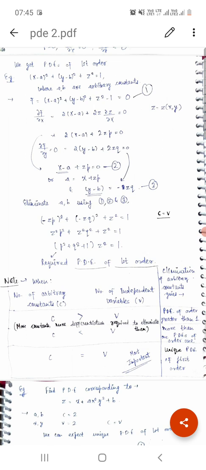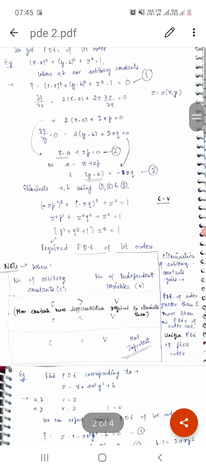When the number of constants present is more than the number of independent variables, then after we eliminate the arbitrary constants we get a partial differential equation of order greater than 1. When there are more constants, more partial differentiations are required to eliminate them. Hence we can expect a partial differential equation of order greater than 1.